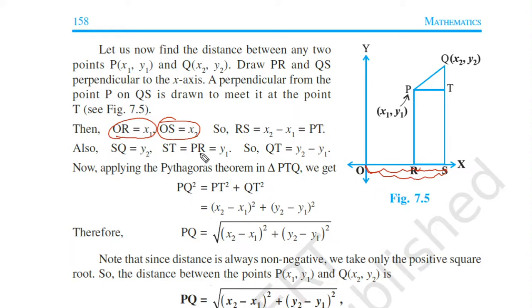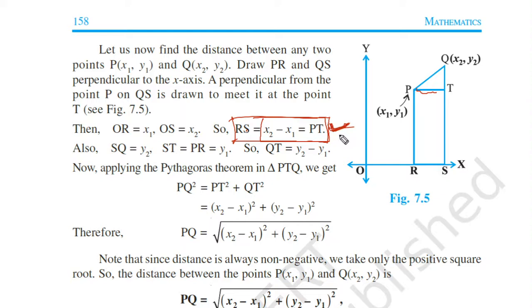OS is your x2, OR is your x1, so x2 minus x1, which is equal to PT. Now we got PT is equal to x2 minus x1. Remember it, this is the important point for us.